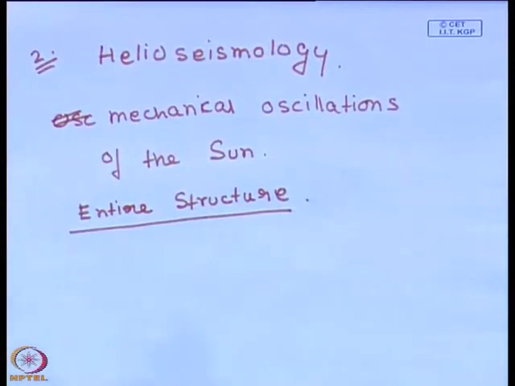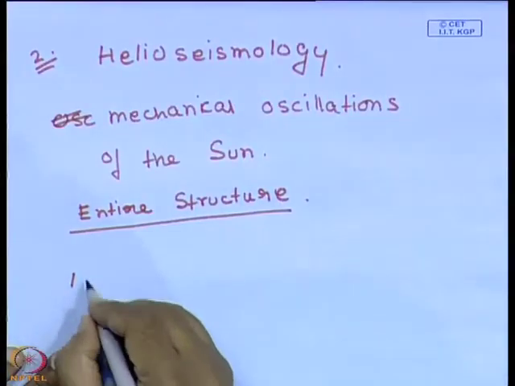And models of the sun are now consistent with these helioseismological observations also. Okay. And these models predict, I will not go into the details, I have already told you many of the important parameters of the sun in earlier classes, we have discussed in great detail.